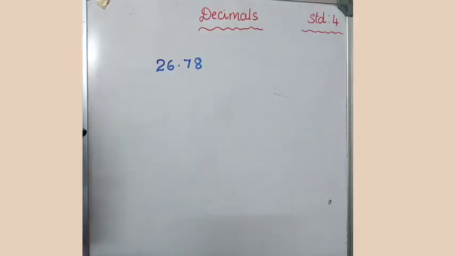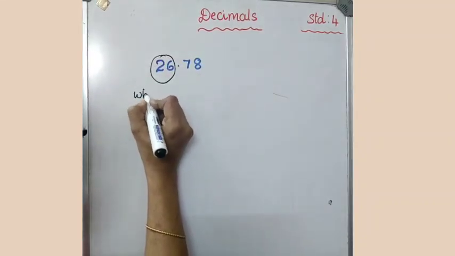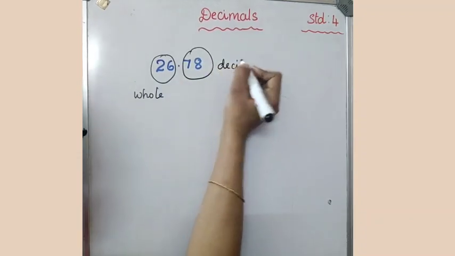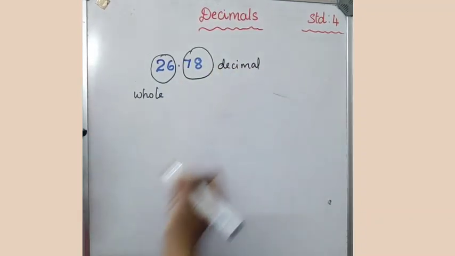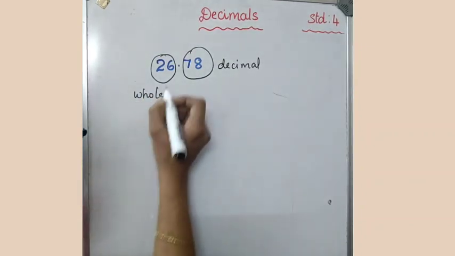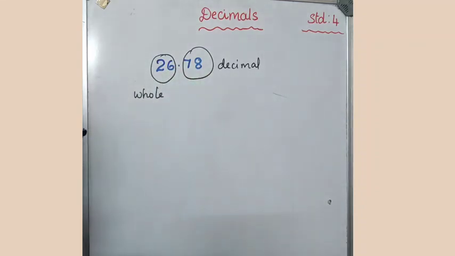We have studied the place value chart earlier, and you may be confused how you will get the decimal number. All of you look here. How will you read this number? We know that this is the whole number part and this is the decimal part. We read the number as 26.78.